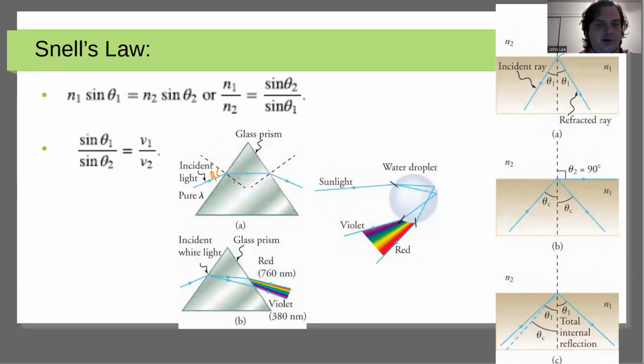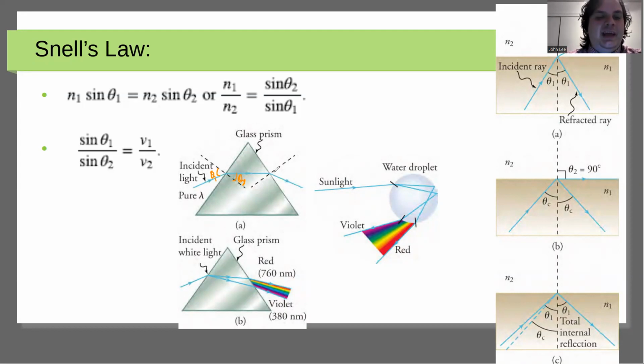So this would be theta1, and then this angle would be theta2. And this angle is smaller than that angle, which is something that comes out of Snell's law. And then it comes out the other side at a different angle, which is also dependent on Snell's law.